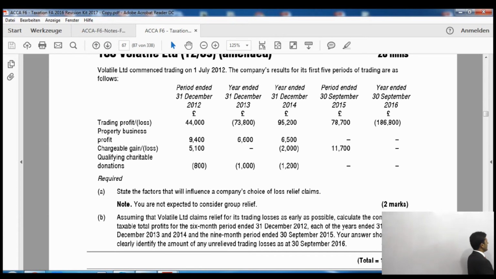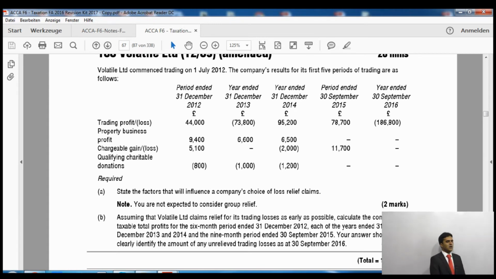So does he have any current year's total income? He has got some property business profits, £6,600. So he can reduce the profits of the property business with the loss. So he can set off the loss first against £6,600 of the property business profits, right? So 73,800 less 6,600. Now that is the loss which is still remaining.